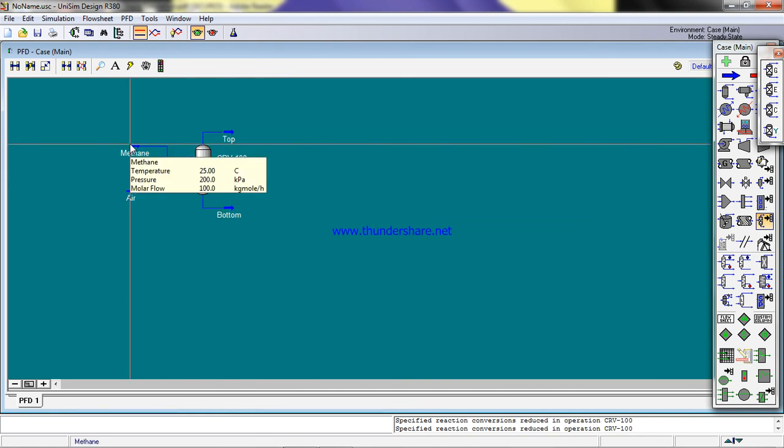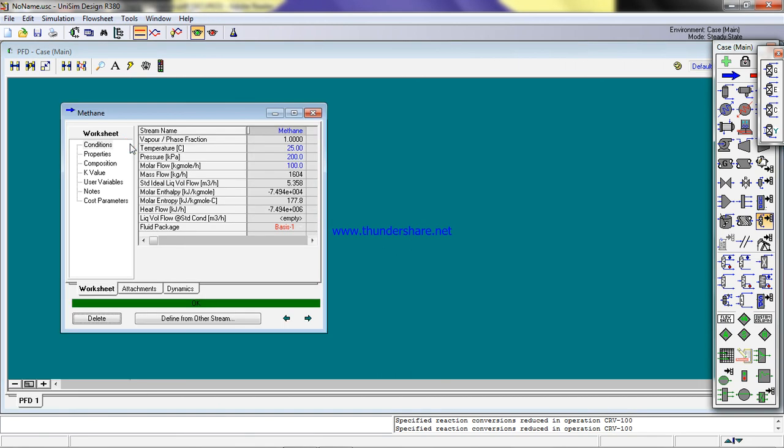So now let's see, in our feed we had methane coming in at this process condition. When we say process engineering, we are primarily process engineers or chemical engineers. Our work is primarily to specify process conditions. Okay, so we specify the temperature, the pressure, the flow rate, and other parameters that will be useful to the process.